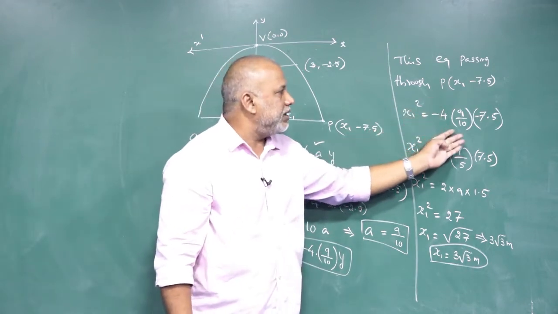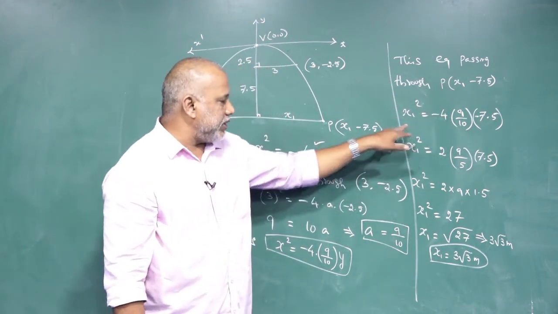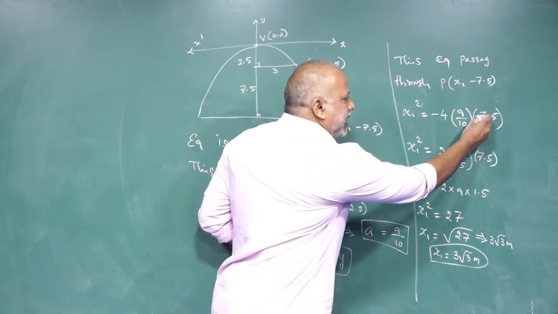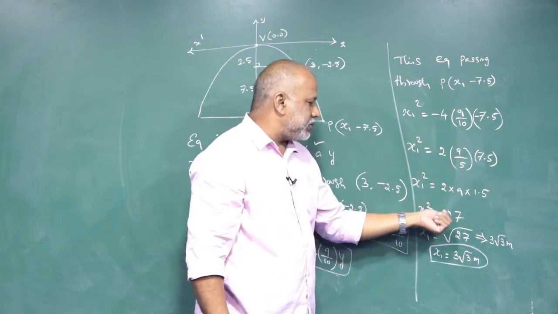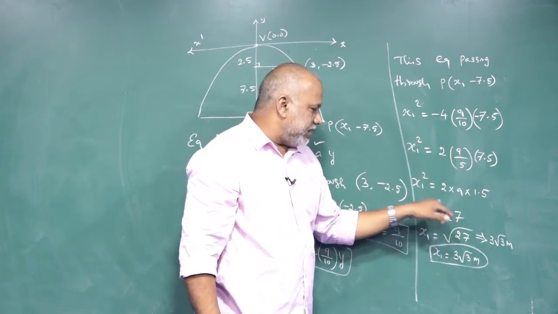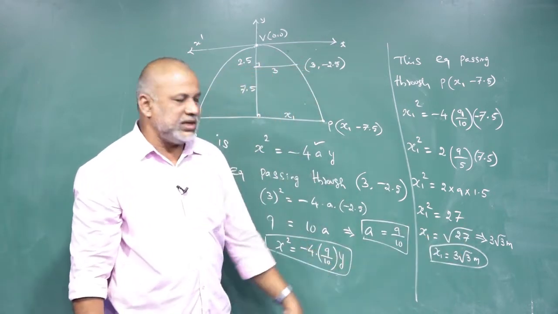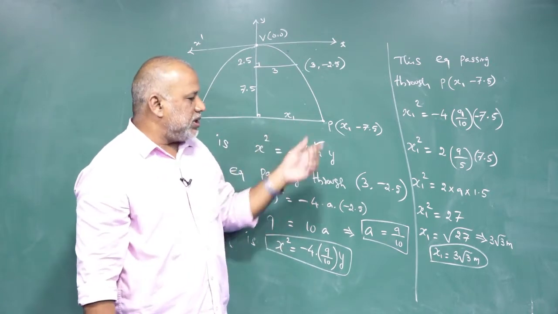Again substitute here. Instead of x, x1 squared. Instead of y, minus 7.5. Use the symbol carefully. Then simplify the value. We get x1 squared equal to 27, x1 equal to root 27. That means 3 root 3 meter. So the water strikes the ground at a distance of 3 root 3 meter.